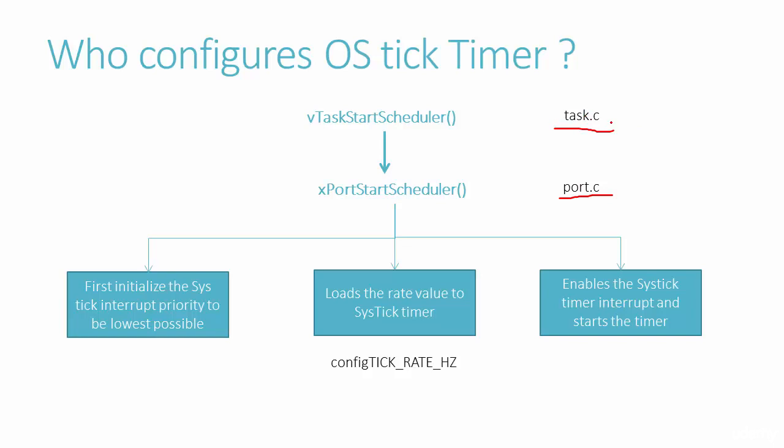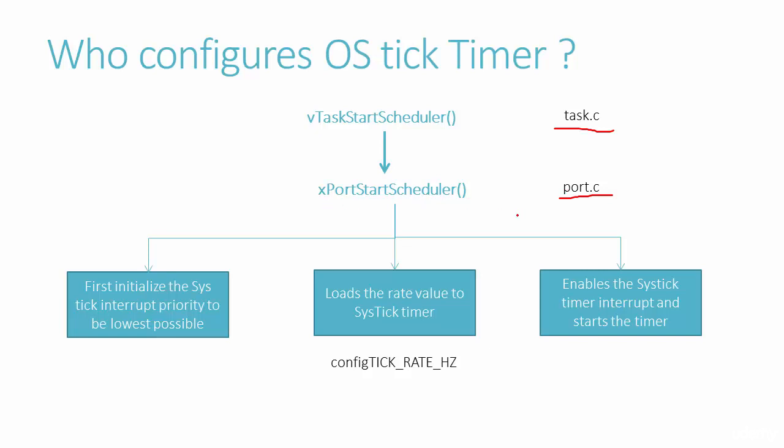In task.c, there is a function called vTaskStartScheduler, and that function internally calls a function called xPortStartScheduler in port.c.